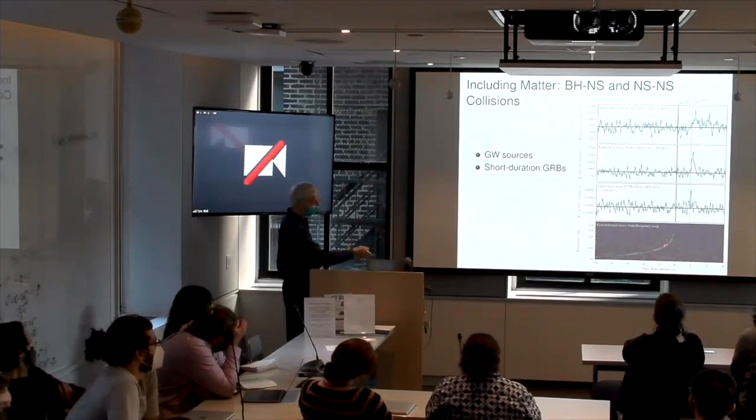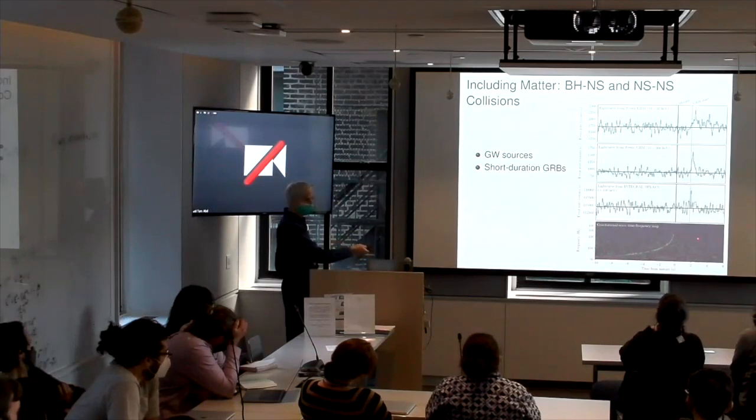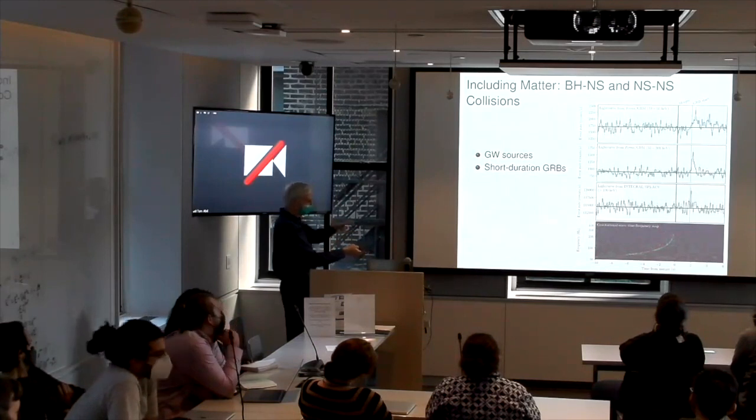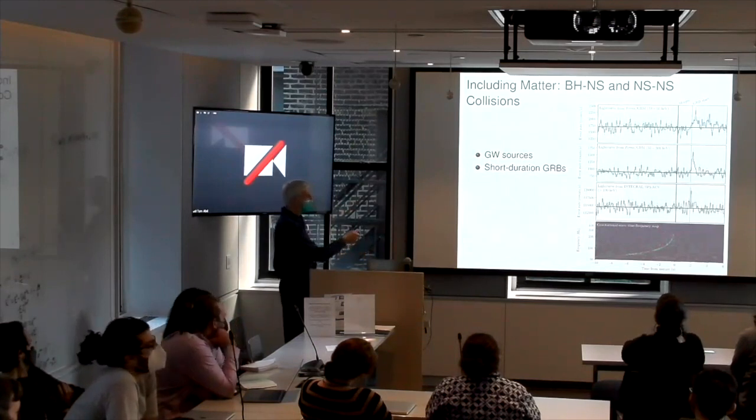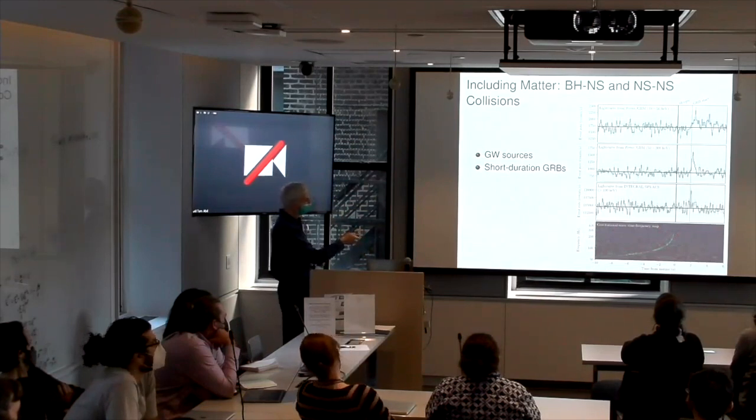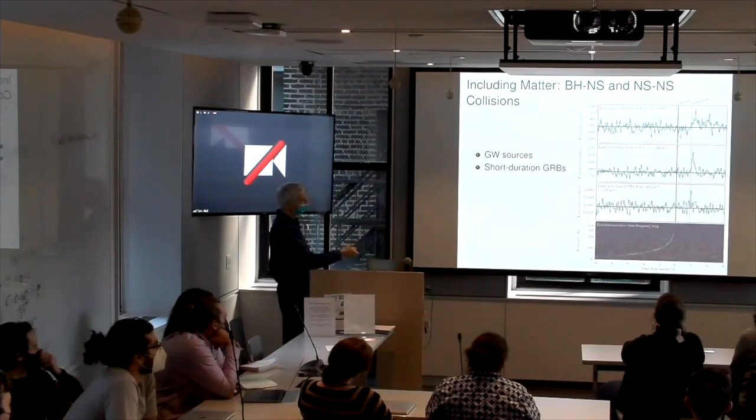You see this rising chirp signal, which is the representation of a binary inspiral. And these are counts from gamma ray detectors that were flying in satellites at the time. And you see roughly 2 seconds after the merger, you see this gamma ray.